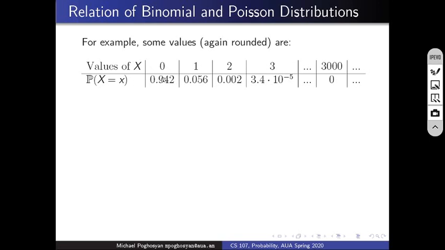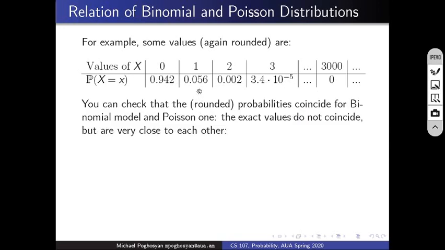The probabilities are calculated by R using the Poisson probability formula, the PMF, and you can check that the rounded probabilities coincide with the binomial model. But the exact values do not coincide. I will give them soon, but they are very close to each other.